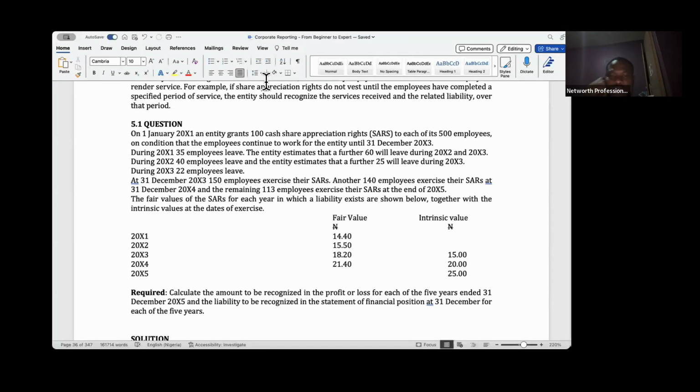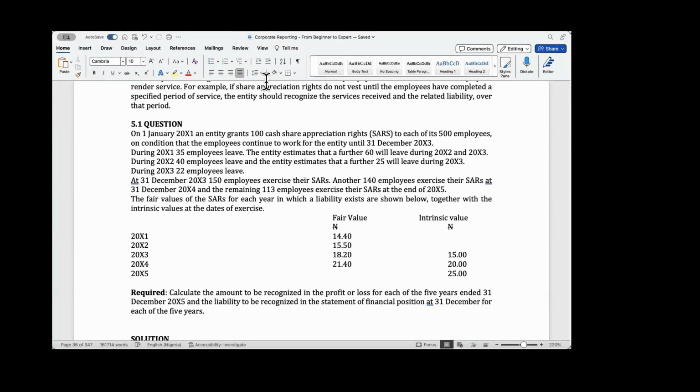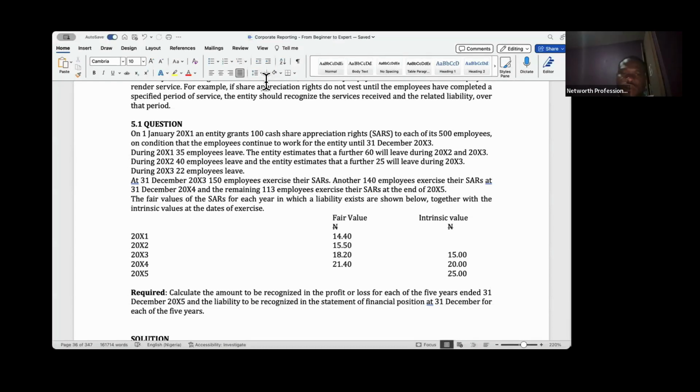So how did you get it? So in 20x1, 35 have left. And in 20x2, 40 are leaving, and there's an estimate of 25. So that gives a total of 100. Fantastic. Okay, good. So 400.